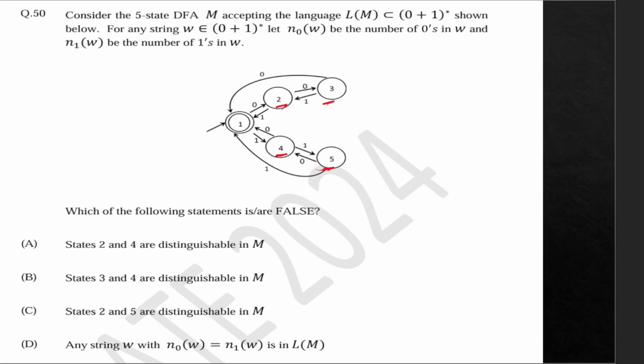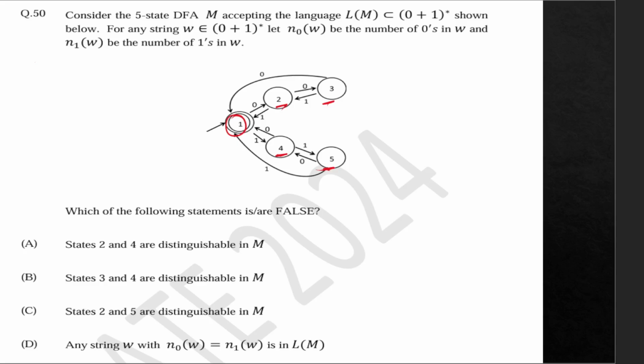So 2 and 4 are distinguishable because of the transitions from state 1. If we minimize the DFA, we can clearly see that there are 3 states: 1, 2 and 4. Any string with an equal number of zeros and ones will be accepted by the DFA.